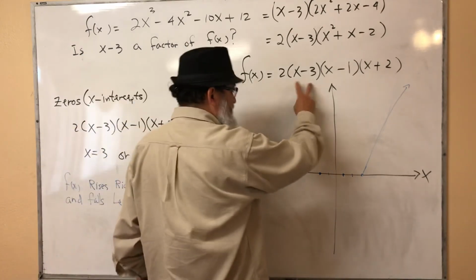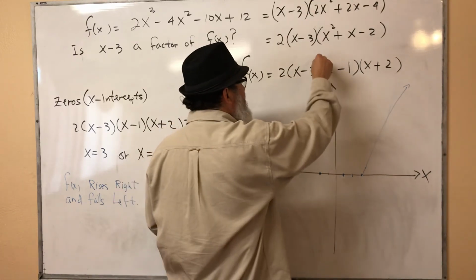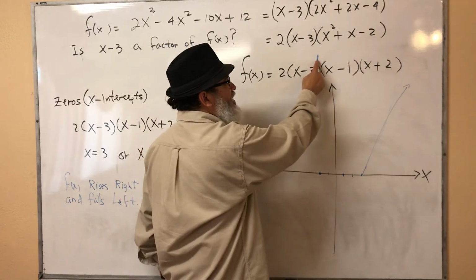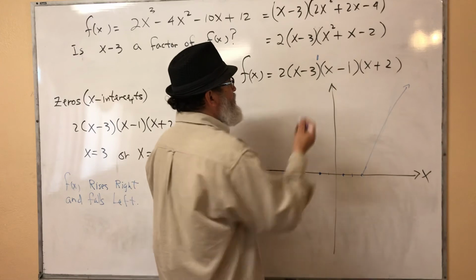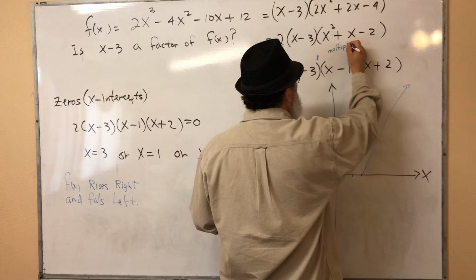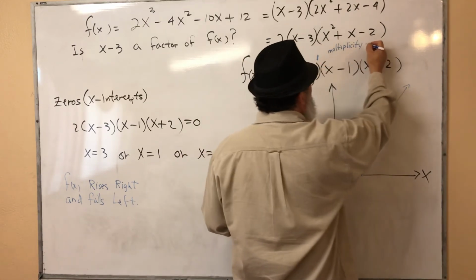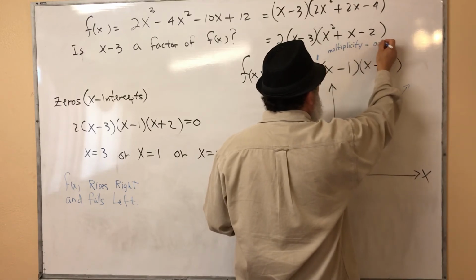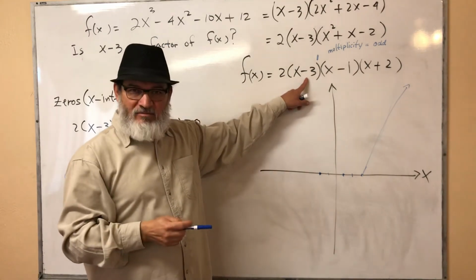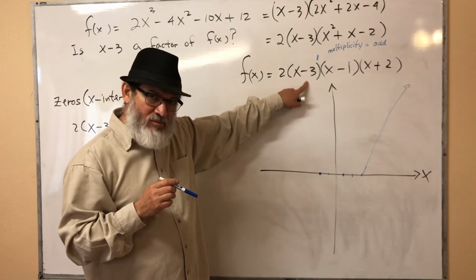This 3 came from this factor, and this factor has a power of 1. So we say the multiplicity. This is the multiplicity. Whenever the multiplicity is odd, the function crosses at the 0.